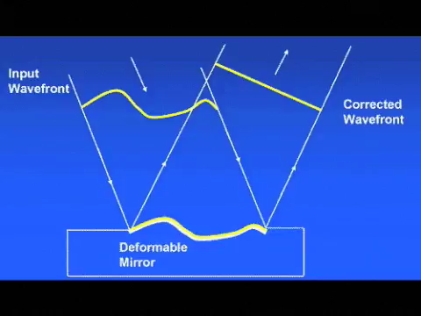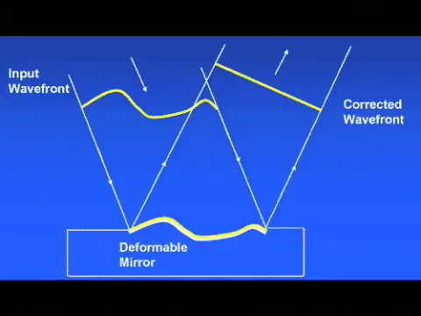And that's what this diagram here is trying to show. If an image from an object coming in from the sky is deformed because of irregularities in the air, if we then deform our mirror in a corresponding way, the resulting image could be nice and uniform.